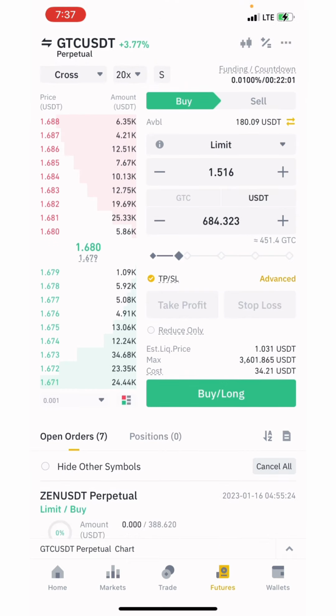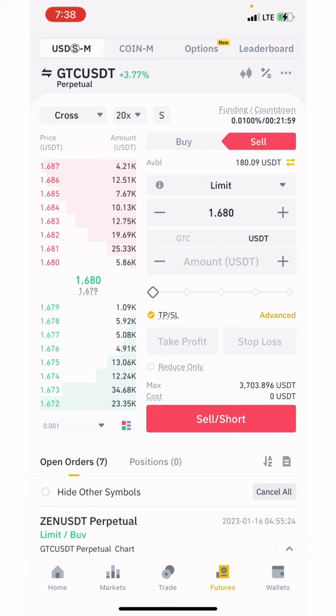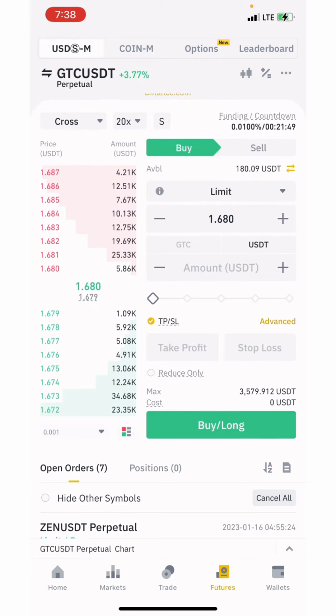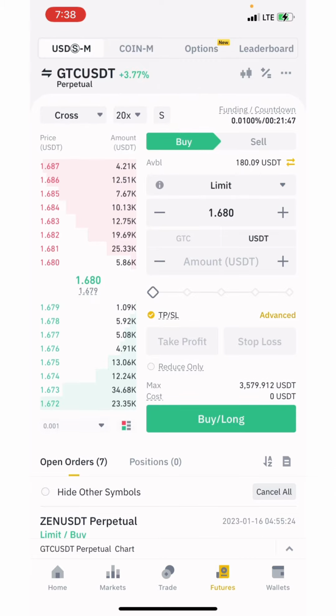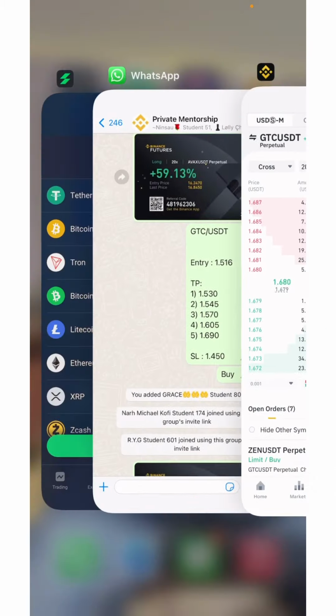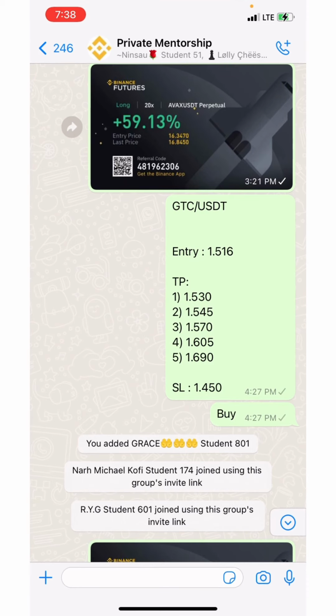If I tell you to sell, you change this to sell at the top. But if I tell you to buy, you change it to buy. So now you have changed it to buy. I gave you the entry price, that is 1.516. That's the entry price.